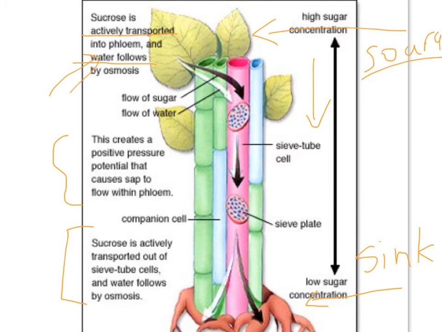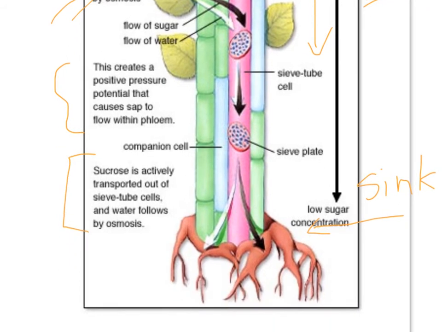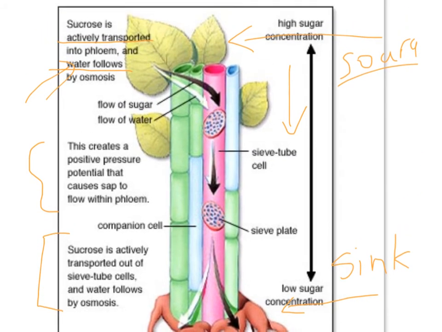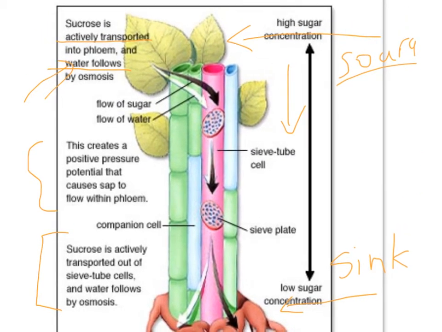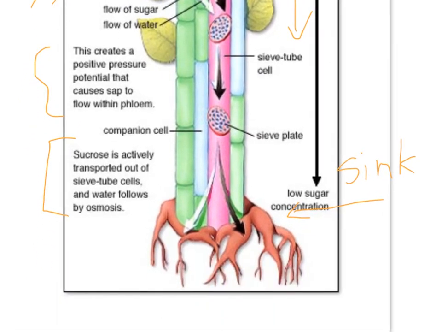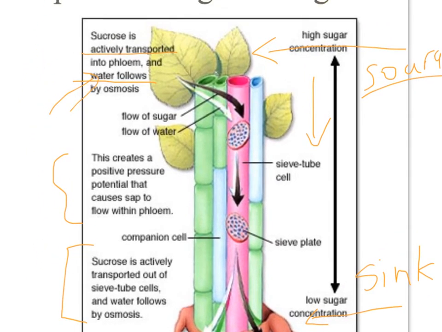And the sugar is then actively transported out of the phloem sieve tube cells into those areas that are needed. The roots are one of the sinks here, and water follows those by osmosis as well. So you're going from an area of high sugar concentration to an area of low sugar concentration, but this is an active process.